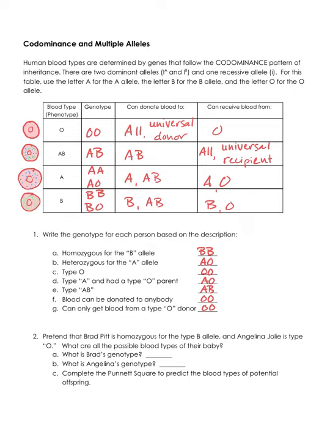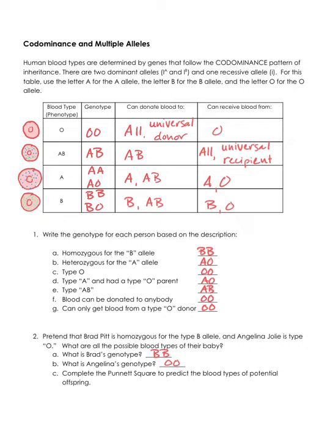Now, we're going to answer some questions. Number 2 says, pretend that Brad Pitt is homozygous for the type B allele and Angelina Jolie is type O. What are the possible blood types of their baby? First we need to figure out Brad's genotype, and if he's type B and he's homozygous, his genotype is capital B, capital B, and Angelina is type O, so she's OO.